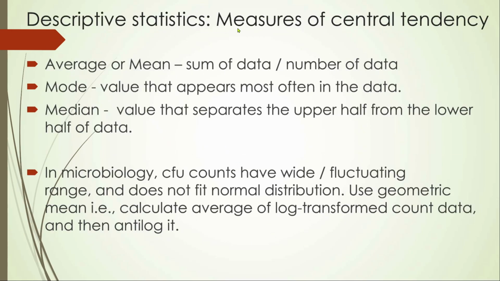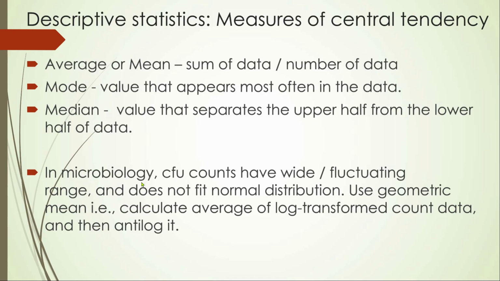So let's see how we measure central tendency if your data fits normal distribution. We'll be looking at average or mean, where the sum of the data is divided by the number of data. We'll be looking at mode, the value that appears most often in your data. Median, the value that separates the upper half from the lower half of your data.